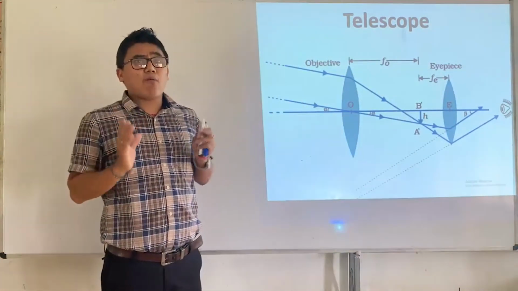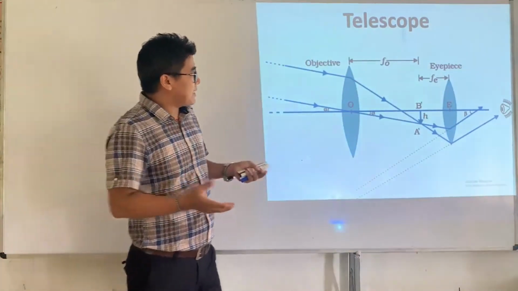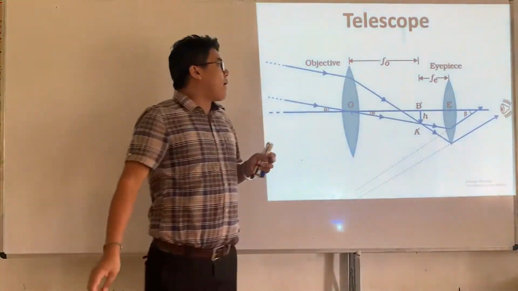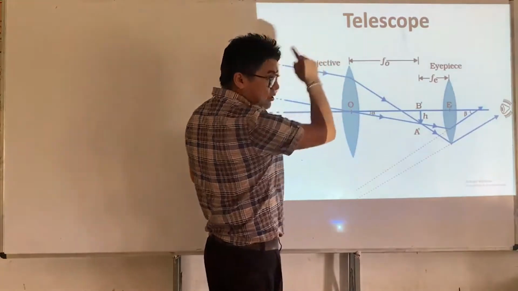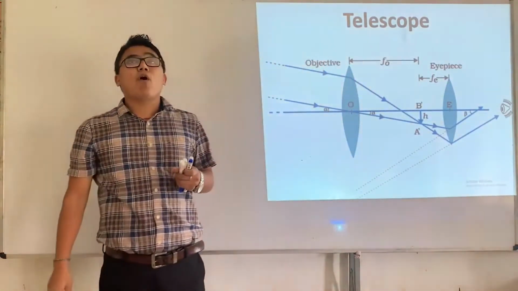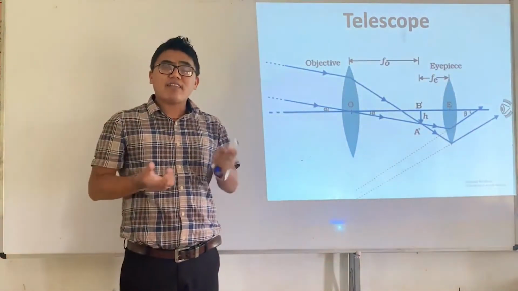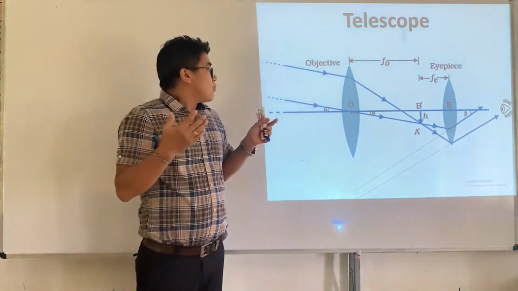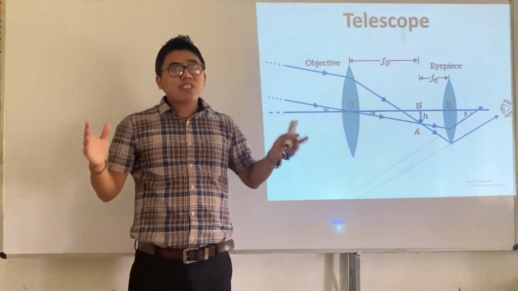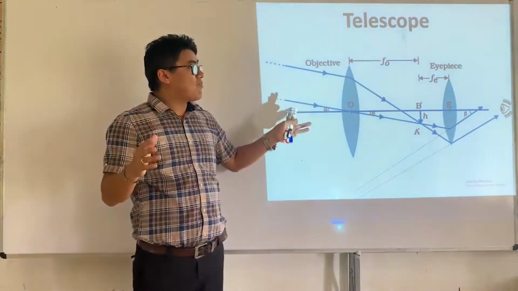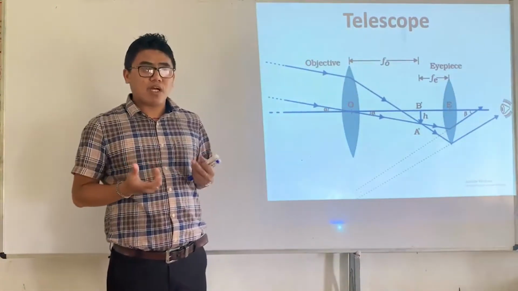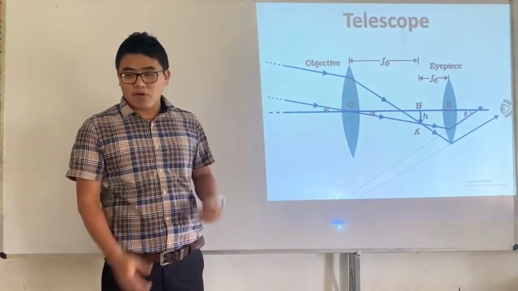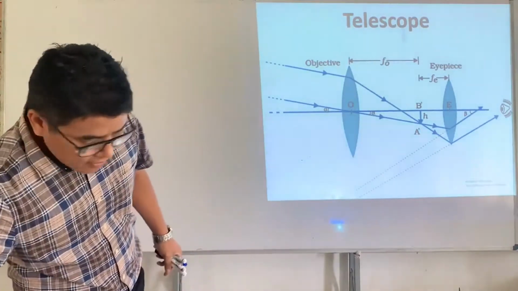So resolving power is determined by the objective lens. Therefore we require a huge aperture, or a huge objective lens, in order to get better resolving power. This is what we are going to discuss today.